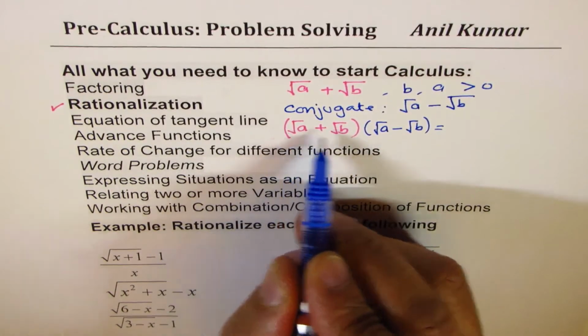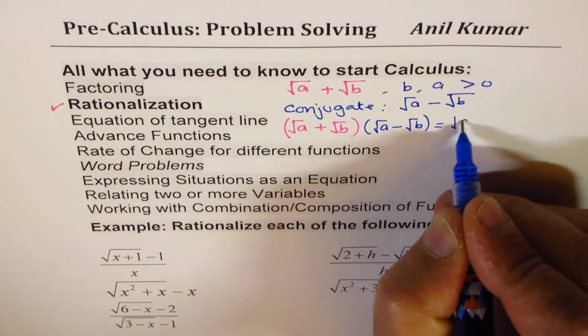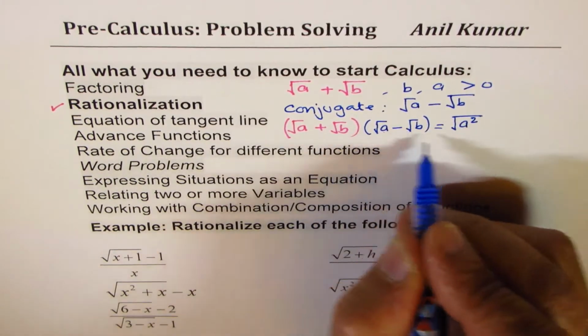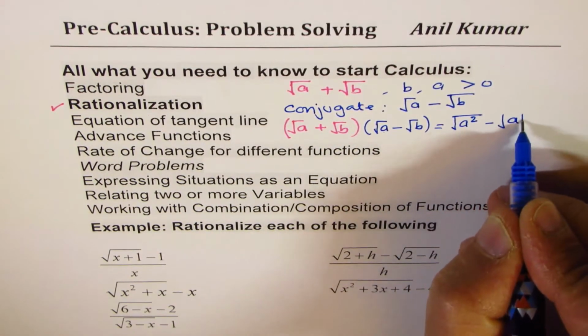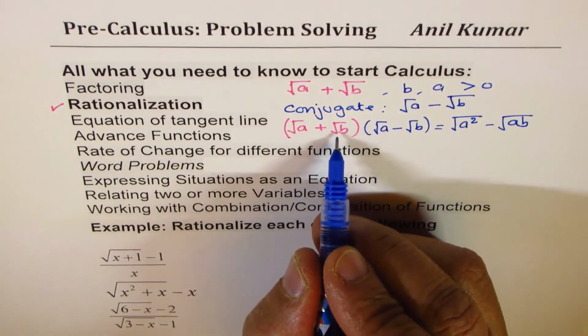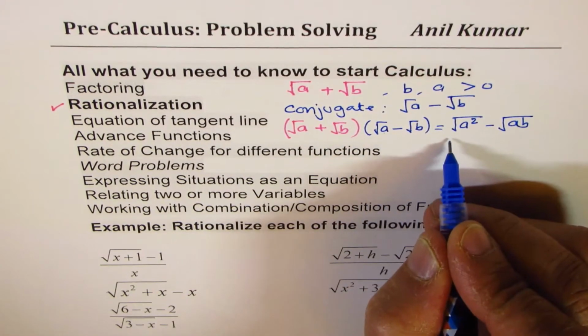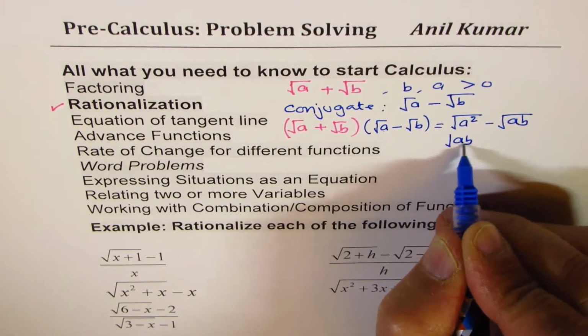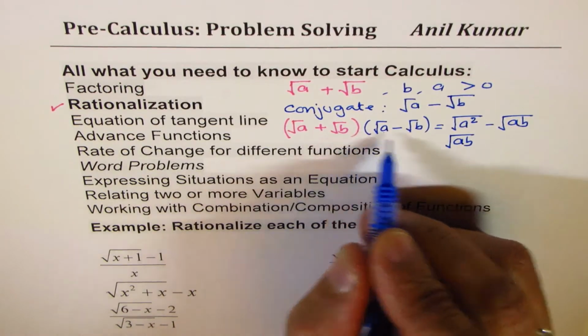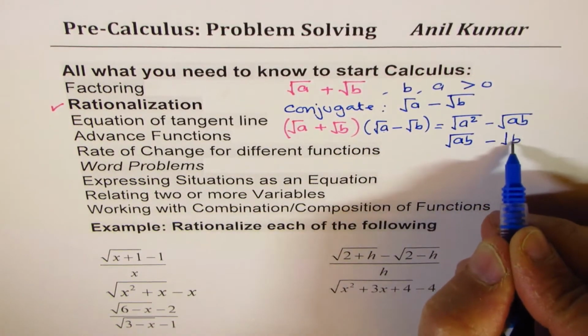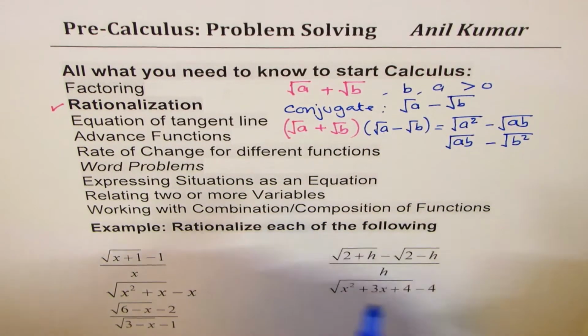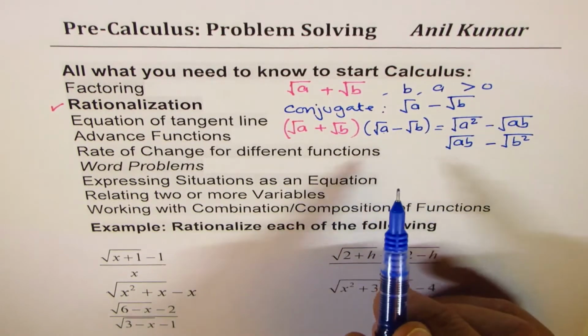Let's do it. So when you multiply these two, you get square root of a square minus square root of ab, and when you multiply by b, you get square root of ab or ba minus square root of b square. Now what is square root of a square?